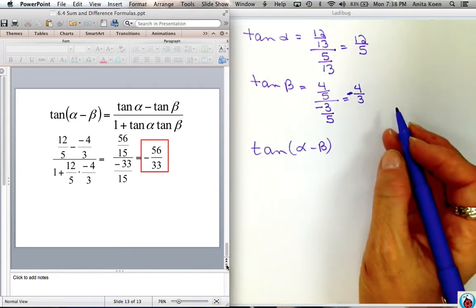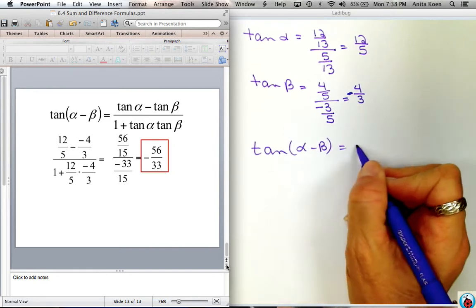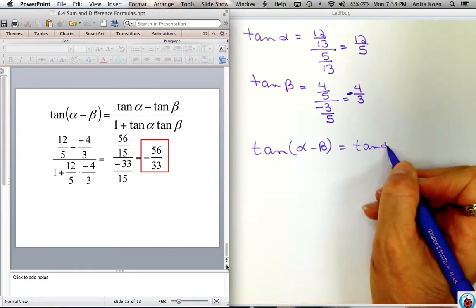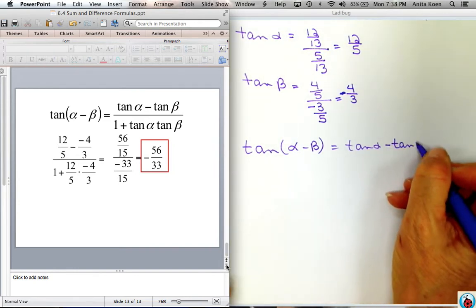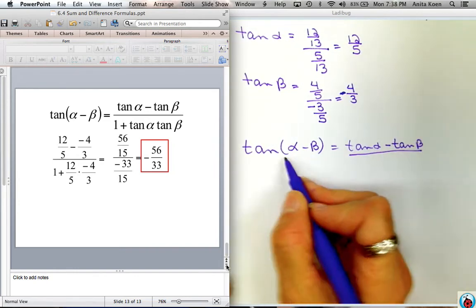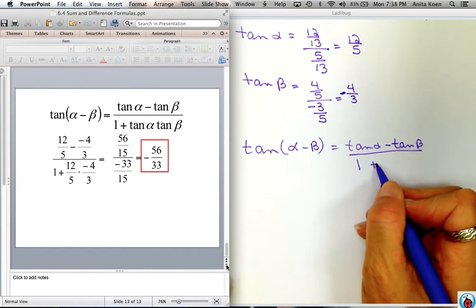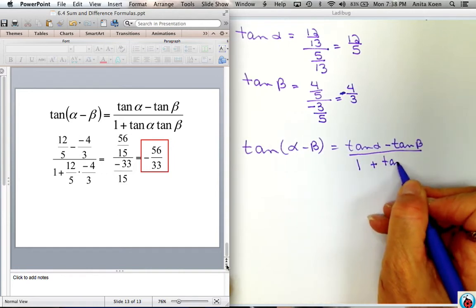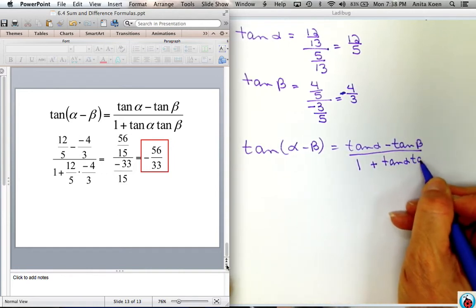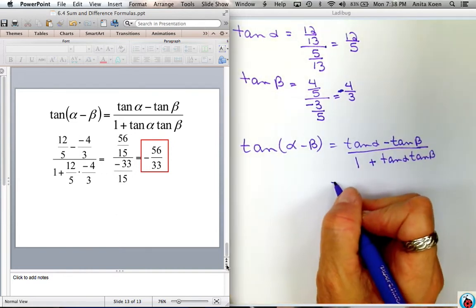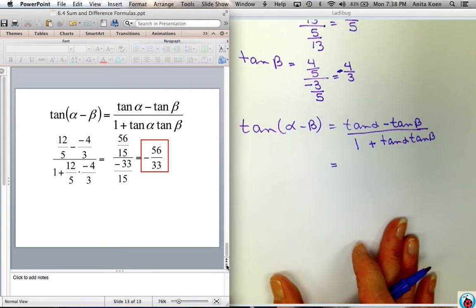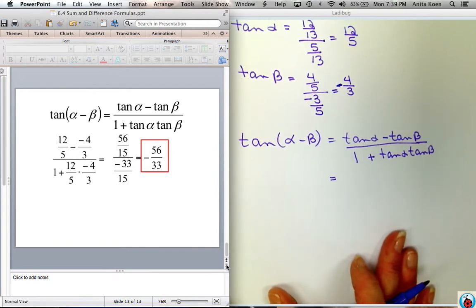So what we have now is the tangent of alpha, and I would recommend that you write these down as you go, minus the tangent of beta, over 1 plus the tangent of alpha times the tangent of beta. If you will write those formulas every time that you do a homework problem, by the time you finish all your homework, you won't have to worry about those anymore.